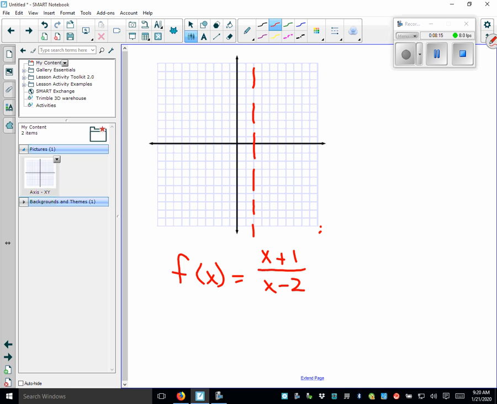Do y'all agree? Do I have a slant asymptote? No. Because it says graph the function. Be sure to graph all asymptotes. That's what the directions say.